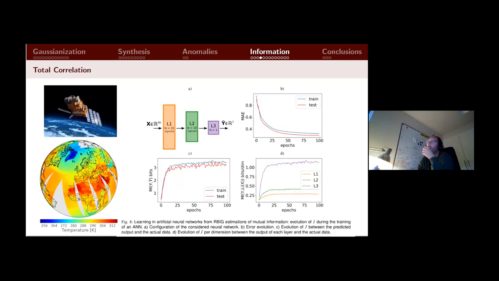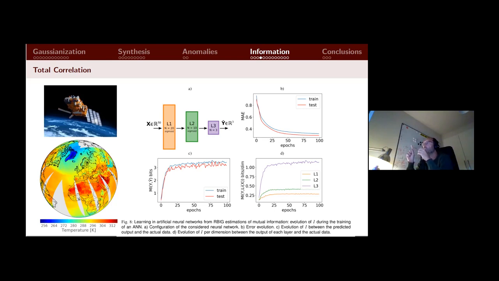Okay, I would like to briefly talk about this application of RBIG for evaluating neural networks. In the end, RBIG can be seen as actually a neural network in which you have different layers and you do marginal operations, which are squeezing functions very similar to a sigmoid, plus a rotation, which could play the role of the weight matrix in every layer.